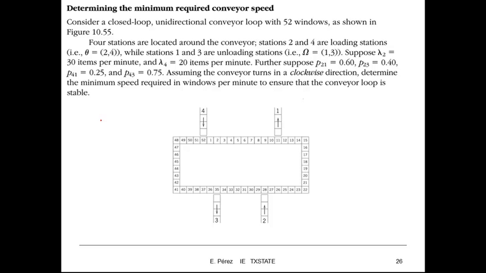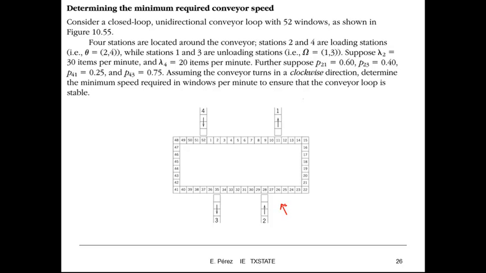Consider a closed loop, unidirectional conveyor loop with 52 windows as shown in the figure. So figure 10.55, this example is coming from your textbook. So that figure is this conveyor right here. 4 stations are located around the conveyor.